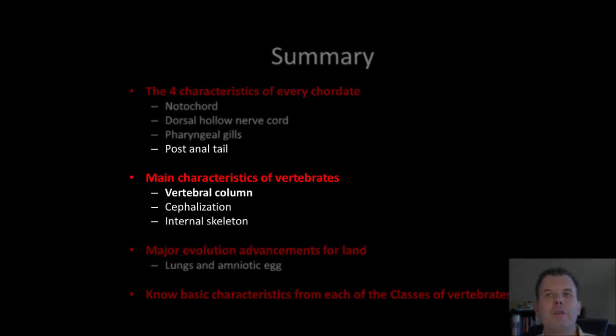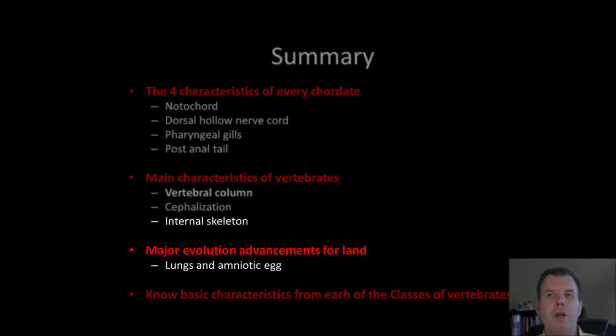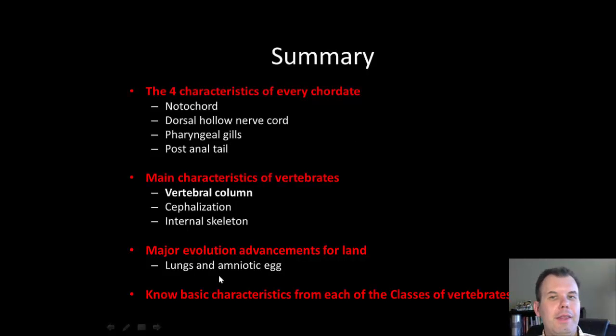Again, the other characteristics of vertebrates include the vertebral column, the cephalization, the forming of the head, well-developed brain and senses, and then the internal skeleton on the inside, which allows us not only to protect our organs and provide muscle attachment, things like this, but also to move onto land and be able to colonize land. Again, major evolutionary advancements onto land include the lungs, obviously very important to breathe oxygen, and then the amniotic egg.